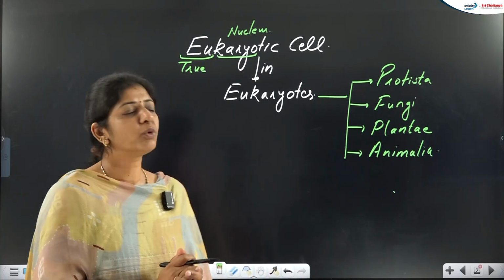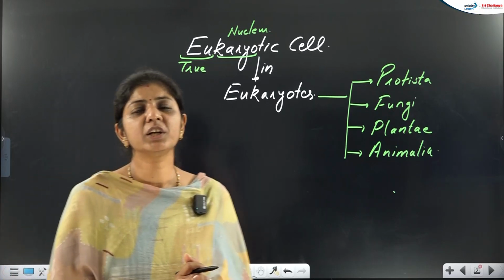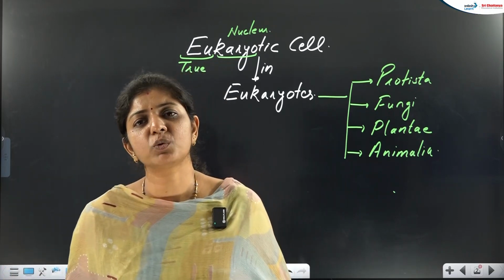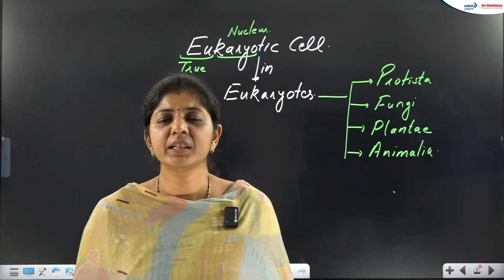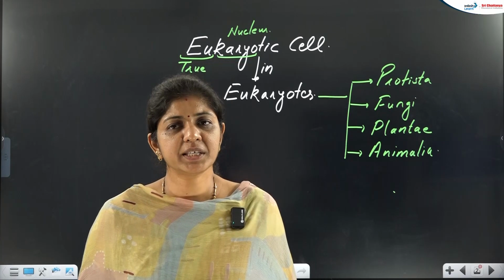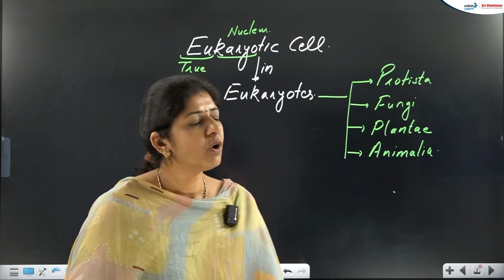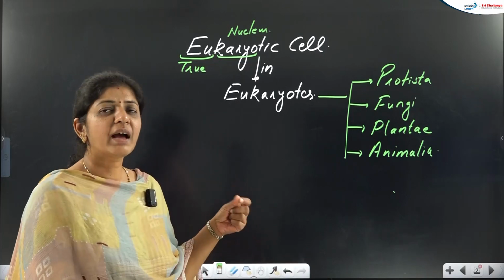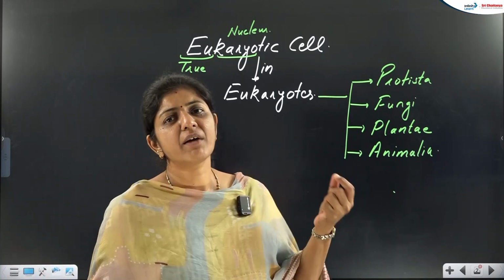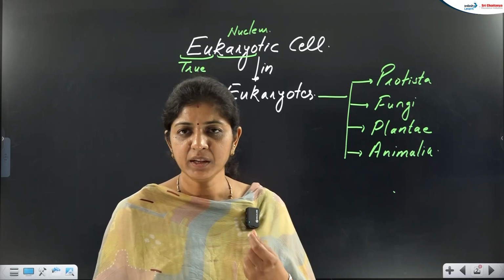But do remember, protistans are exclusively unicellular. Fungi include a few unicellular but mostly multicellular. In plants, the lower plants will be unicellular but higher will again be multicellular. Animals, you know, are multicellular. But all come under eukaryotes, which have eukaryotic cells with a true nucleus, means a well-defined nucleus.